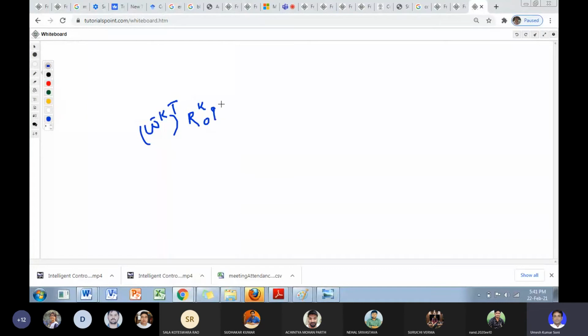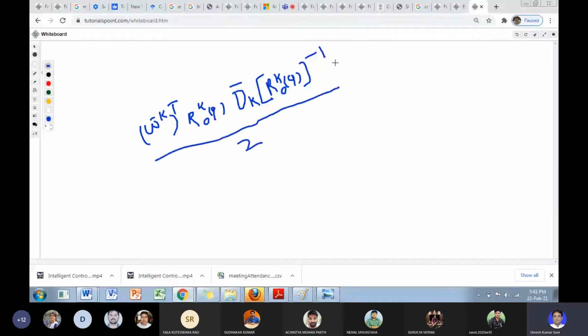These are the variables depending on the joint variables, and dk bar, and this is rk 0 depending on joint variables, and inverse of by 2, and here one element is there, omega k. This is the same.